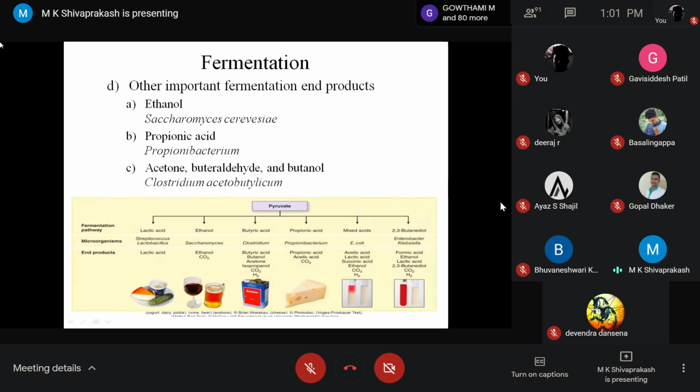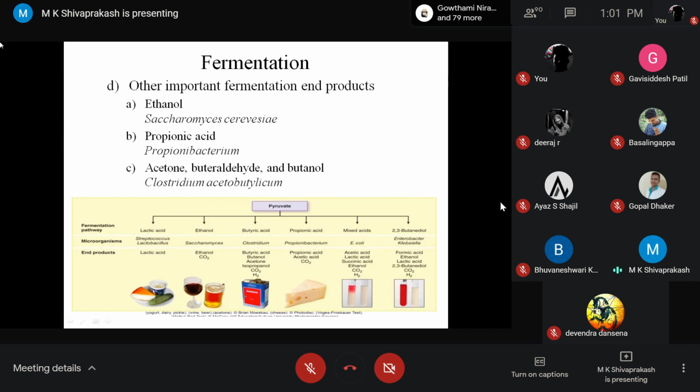In cheeses you have Roquefort cheese, Camembert cheese, Swiss cheese, cottage cheese and so on. Swiss cheese has the characteristic eyes, and the propionic acid producing bacteria are responsible for that.